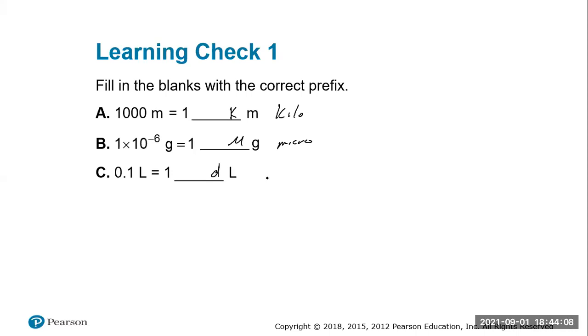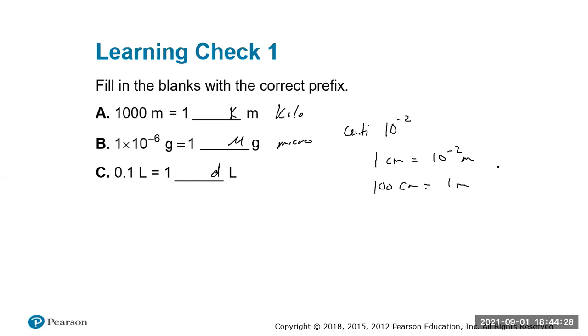Now, you may be wondering, well, centi is 10 to the minus 2, right? And again, what that would mean is 1 centimeter is 10 to the minus 2 meters. You may also have learned 100 centimeters is 1 meter.